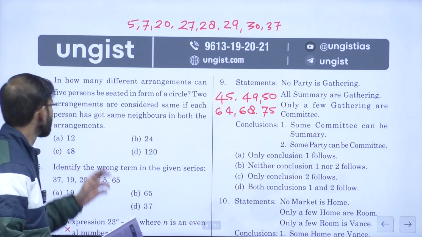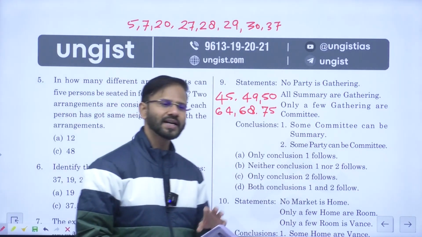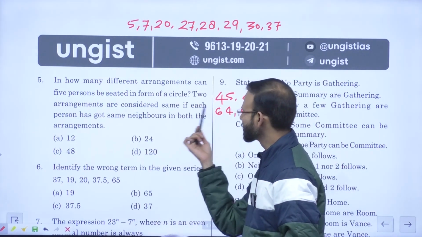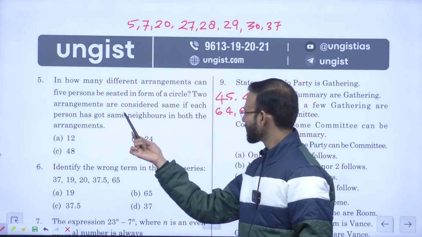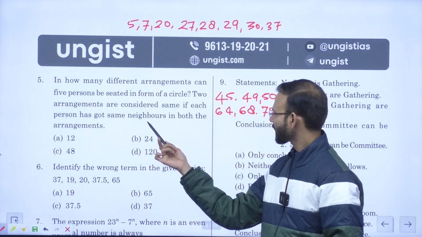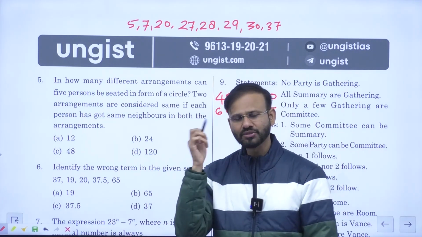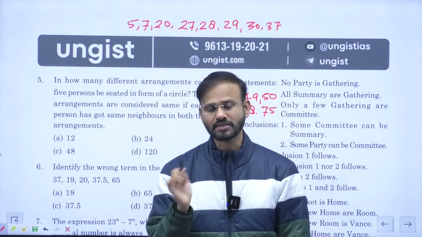So the first question is question number 5. It is a directly formula-based question. The question is: in how many different arrangements can 5 people be seated in the form of a circle, where 2 arrangements are considered the same if each person has the same neighbors in both arrangements? It means this is the case of circular permutation in the case of a garland or a necklace, right?